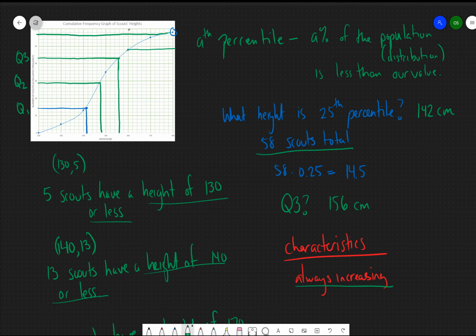In that case, the graph would have just stopped here. But that's what a leveling off would mean: nobody else was added to continue the graph. So could I keep extending my x-axis further and further past the 180? Sure. But what would the graph look like? Well, if I don't measure anybody else, then it just stays flat because I don't have anybody else to count. So that's some of the uses for a cumulative frequency graph.